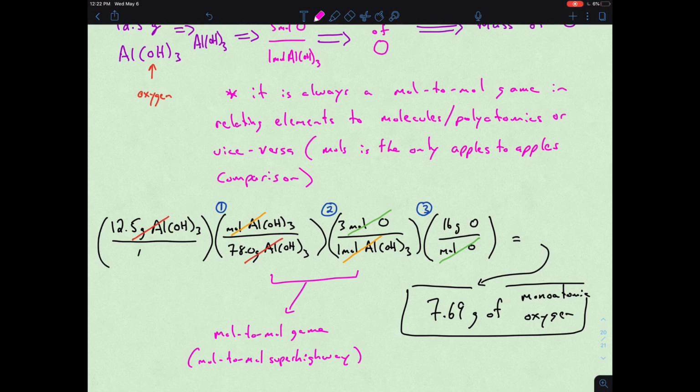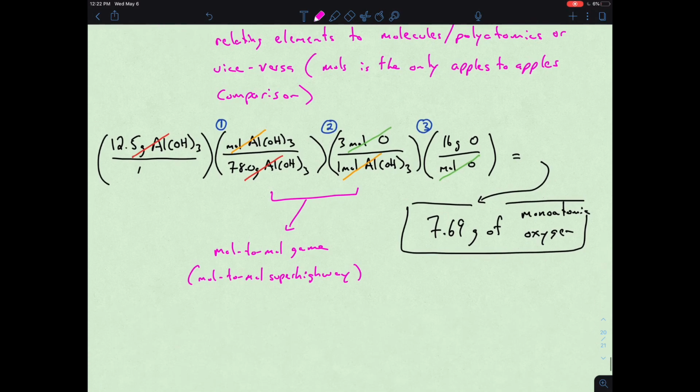So getting a little bit more difficult, right? We went from just moles to moles. Now we've gone from mass to mass, but we still had to use that mole to mole conversion. Let's take it up to the higher level. Okay, so let's take it up to an example now that incorporates that earlier idea that we talked about as far as percentage of elements that's within a molecule.